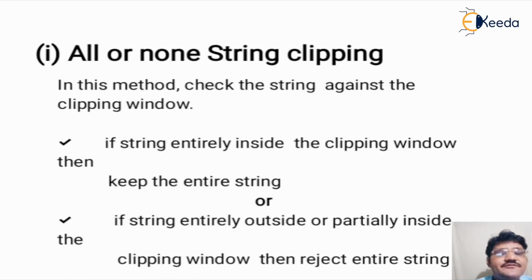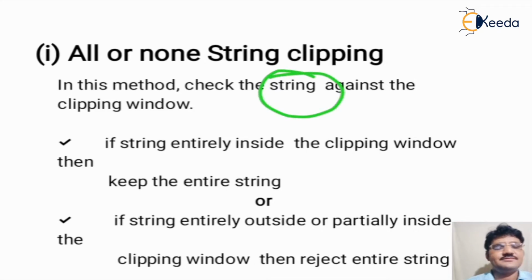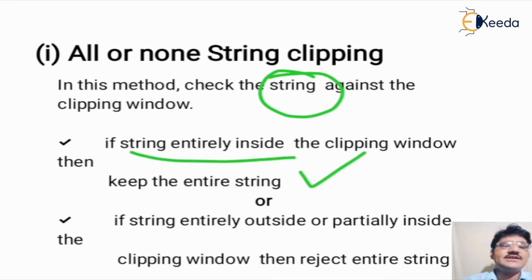In the first method, all or none string, we check the string against the clipping window. The goal is to clip a string. If the string is entirely inside the clipping window, we simply save the entire string.